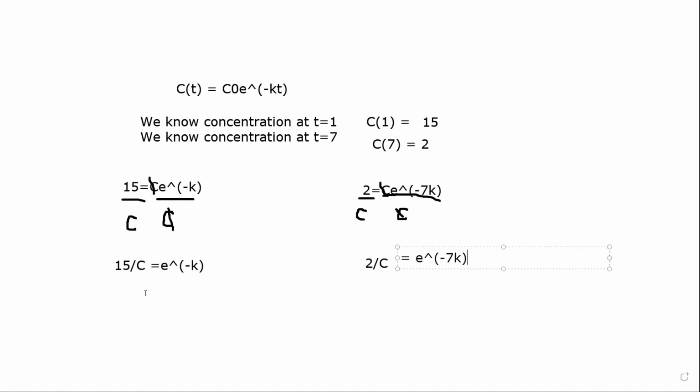So this is going to be ln of 15 over C is equal to ln of e to the power of negative k, and you know what happens when you do ln of e to the power of negative k, you just get negative k.